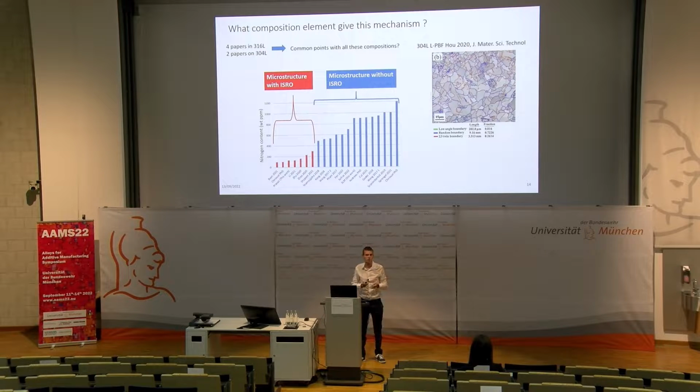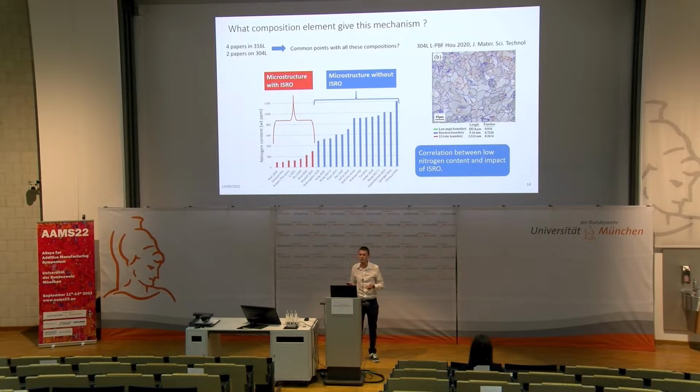We found that all the microstructures where ISRO seems to have an impact have a low nitrogen content, less than 400 ppm, as you can see on this graph in red, while for all the microstructures without ISRO, in blue, so this is classic microstructure with large grains, one can see that there is always a high content of nitrogen above 400 ppm. So we were able to make a correlation between the low nitrogen content and the impact of ISRO, and this was the only correlation we were able to make.